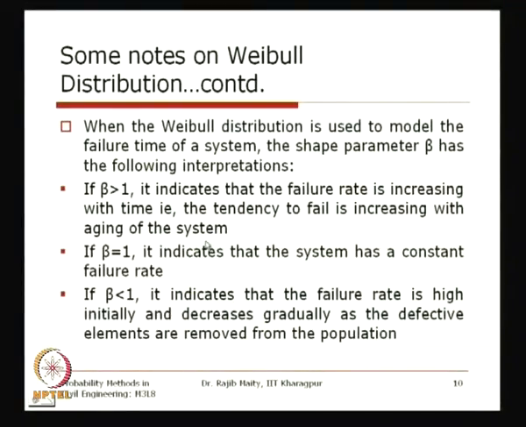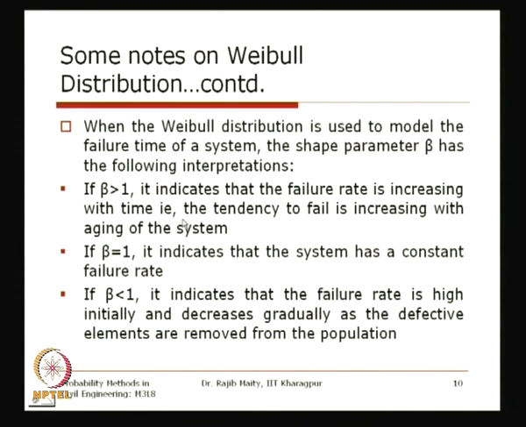So, when we say that the rate of failure is increasing with time, that is captured when the distribution has the parameter beta greater than 1.